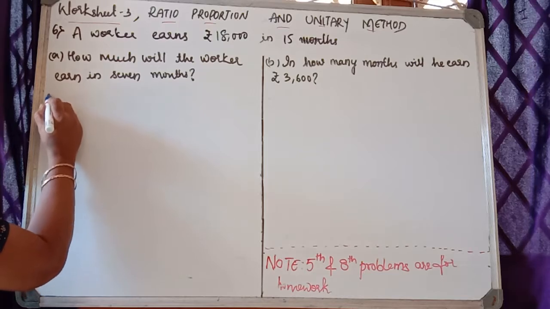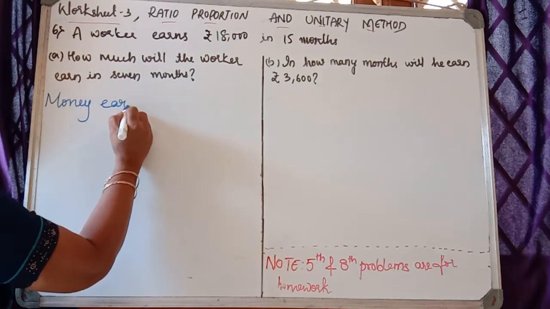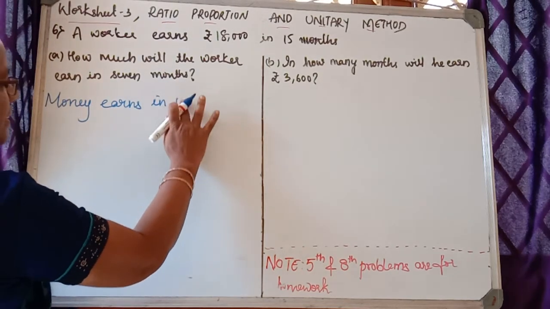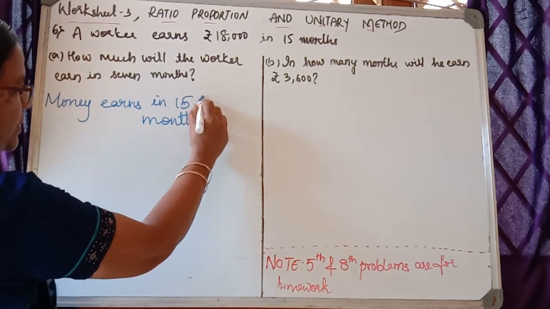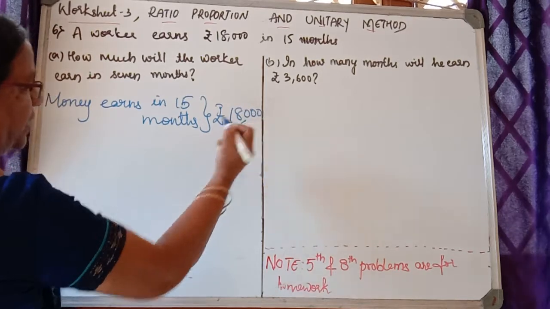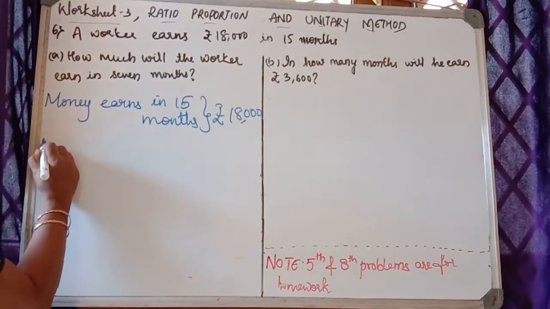So, money earned in 15 months is equal to rupees 18,000. Now we have to find out how much he earns in 1 month.